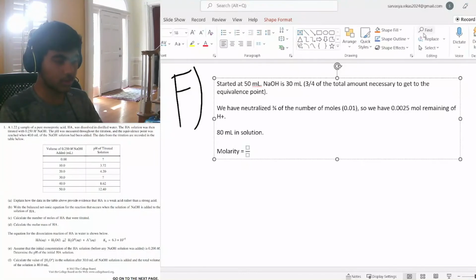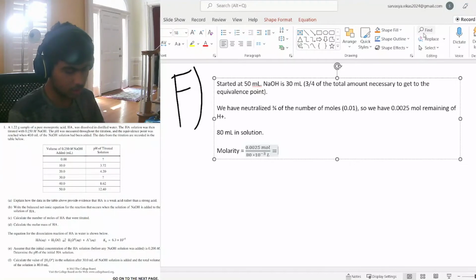It's going to equal 0.0025 moles. The denominator is going to be 80 times 10 to the negative 3 liters, since we have 80 milliliters. We're going to put that in here: 0.0025 divided by 0.08, which is going to be 0.3125.